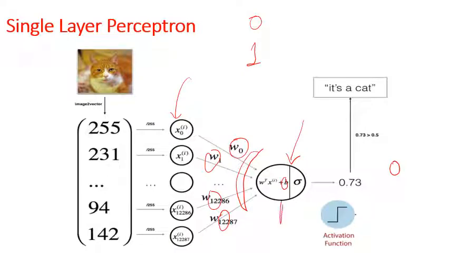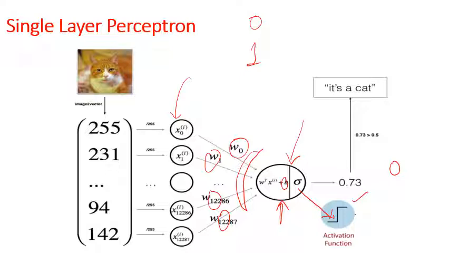This bias is with this neuron, and then I will apply an activation function. So here the activation function in a perceptron is nothing but a step function, right? If it is greater than 0, let's say it is 1, and if it is less than 0, then it is 0, right? This is how we can do it.